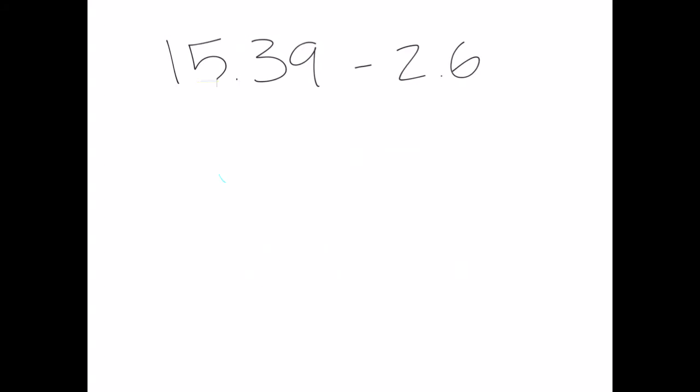Oh wait, we can only move it once, because if you move it once here, you gotta move it once only. You can't move it twice. So let's erase that. And then our decimal is now here. I'll change the color. Okay.